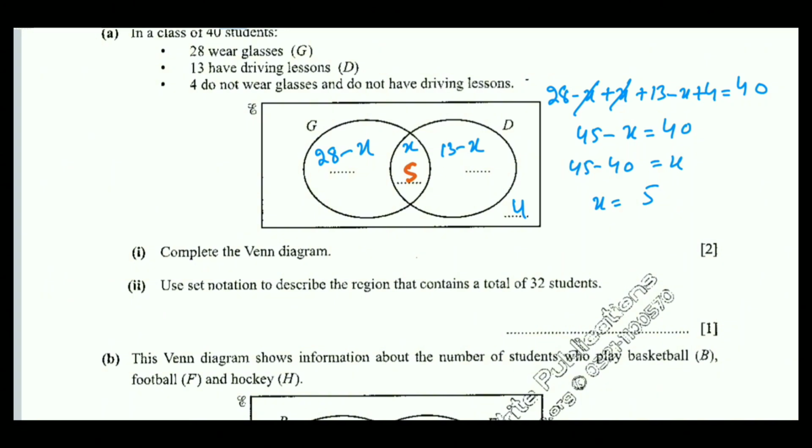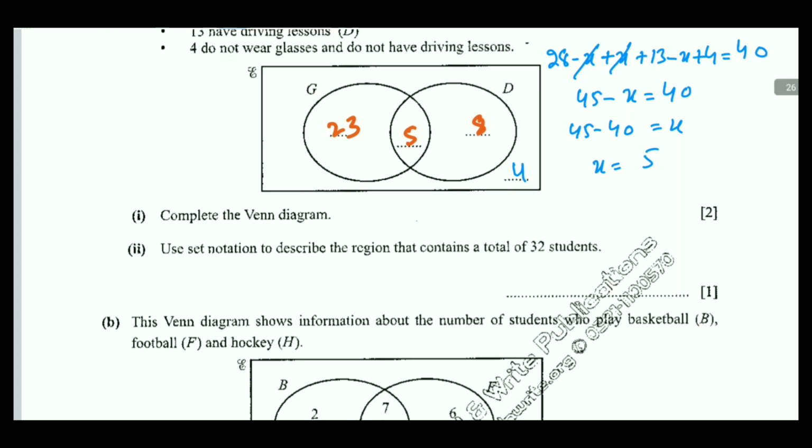So 28 minus X means 28 minus 5, which is 23, and 13 minus X is 13 minus 5, that is 8. So the remaining values you can erase now. 23 and 8. So this is the way you can complete the Venn diagrams.